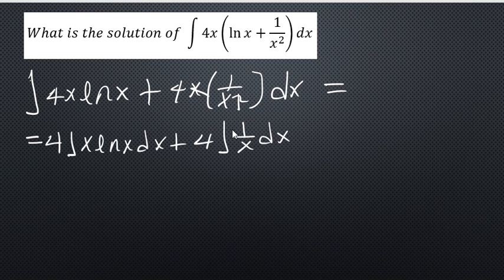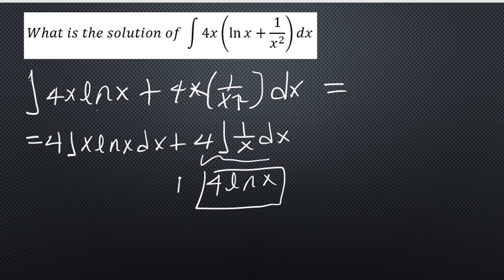Since it is plus, we can give the integral for each of them. In case of plus, we can separate. But this one is very easy. It's going to be 4 ln x, because the integral of 1 over x is just ln x. We are done with this one.